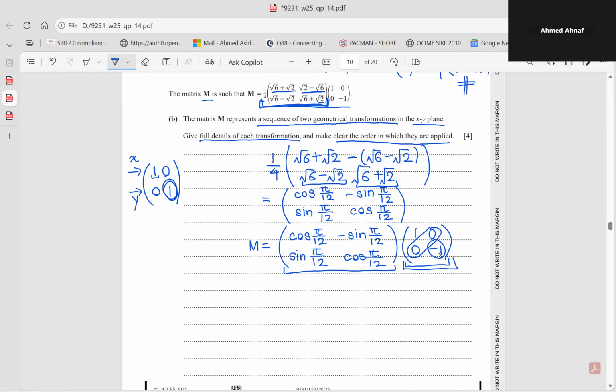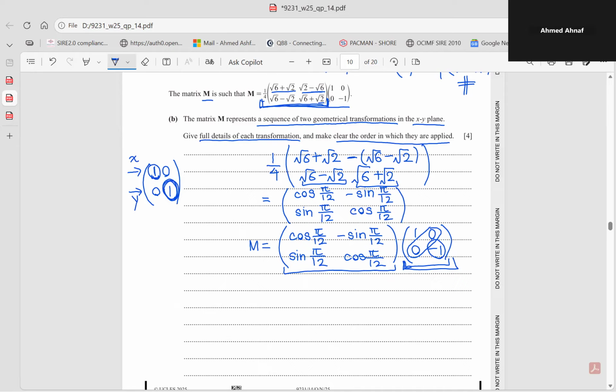Since this number is only changed to -1, it's a special case. If this one was -1, it would have been a reflection across the y-axis, so a horizontal reflection across the y-axis. Whereas if it's here, it would be a vertical reflection across the x-axis.